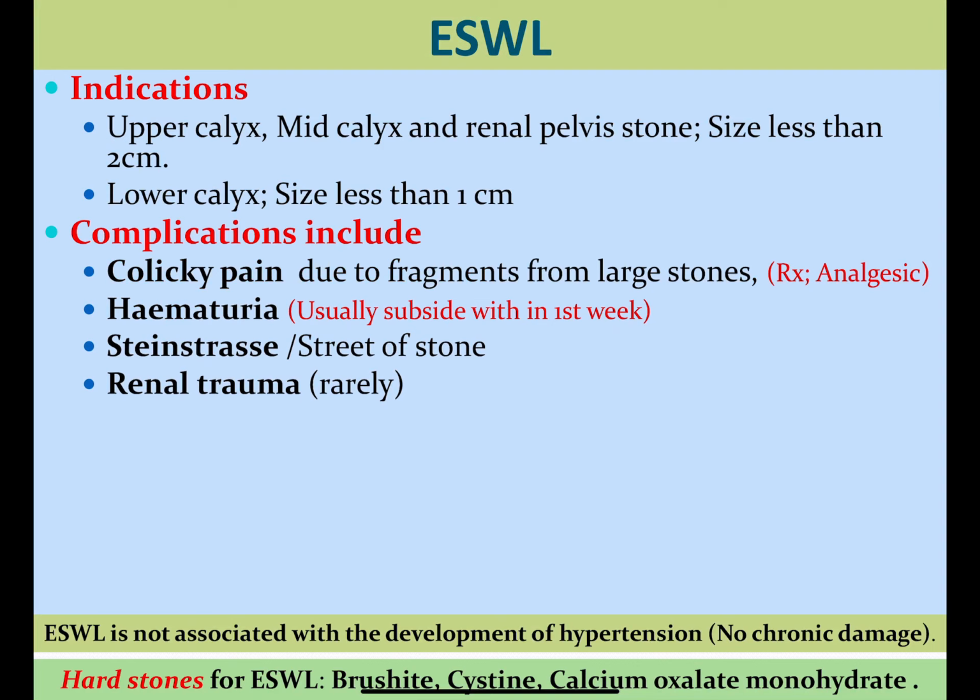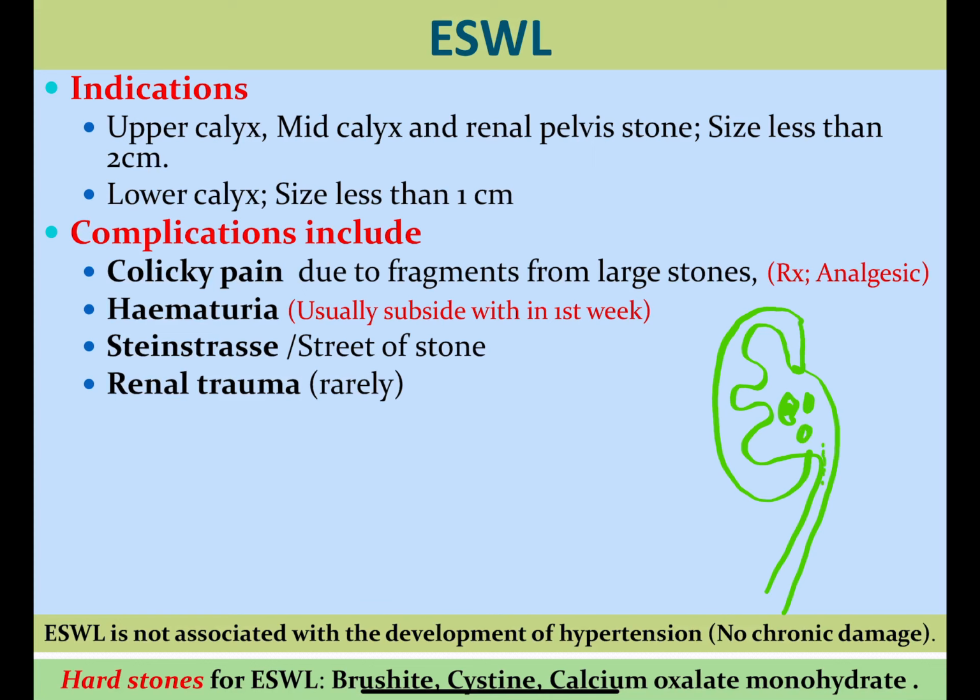Complications. Obviously, whenever we break the stone in the kidney and let it go by itself, then while the fragments of stone go down, they cause pain. So you have to tell the patient, there will be pain, no problem, just take this analgesic or painkiller.